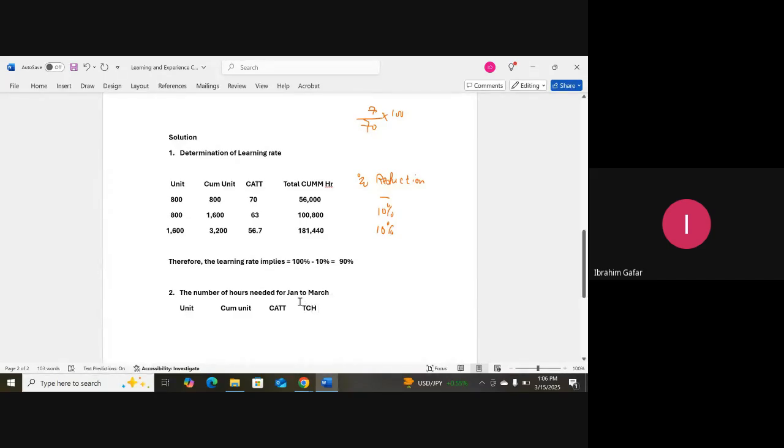I'm shortening it, so you can write it in full. Total cumulative hour and the incremental hour.